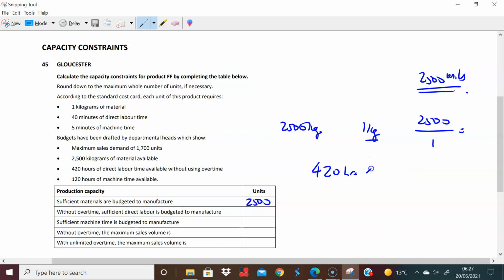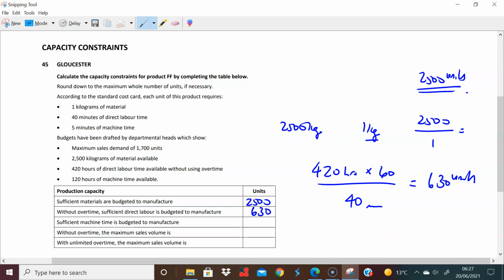So I could turn all this into minutes and divide: 420 times 60 divided by 40. When you do that, you have 630 units.